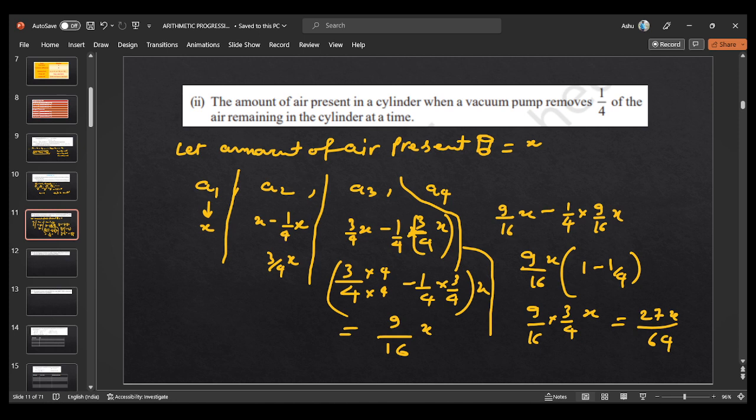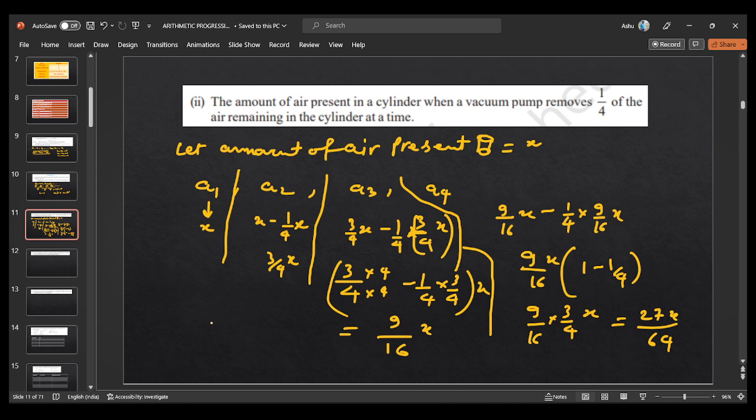Here the differences are not the same, because now here is x. If we subtract this, we will get 1 by 4 x. And if we subtract this from this, 4 fours are 16.